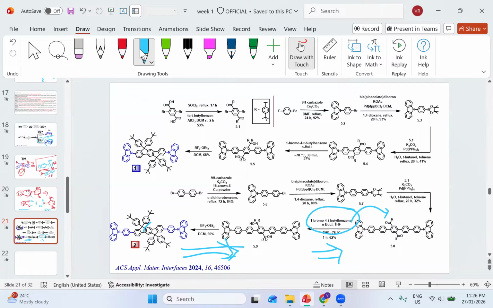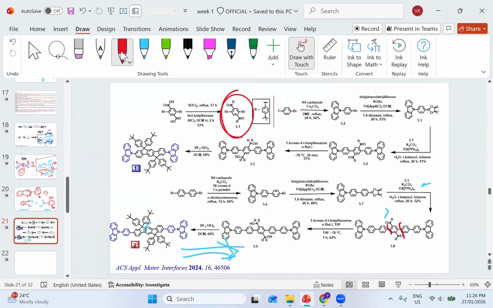Then from here to here, if you do the disconnection, we can do the disconnection on these two parts, symmetrically. If you do this disconnection, we get the dibromo compound.